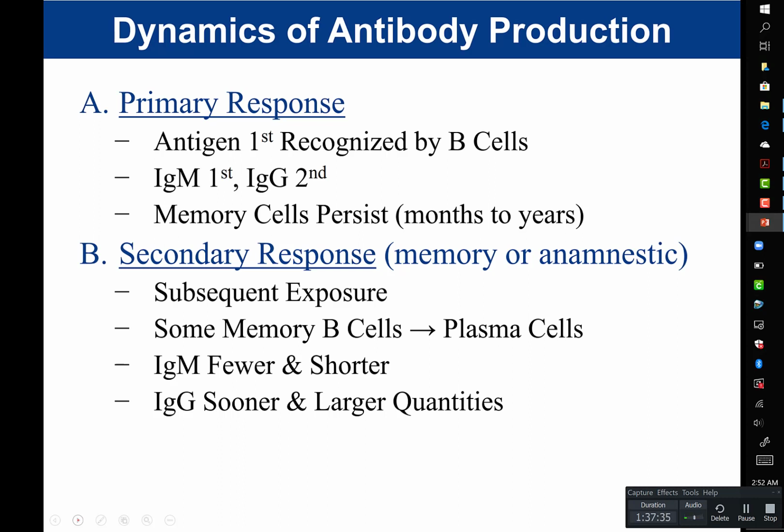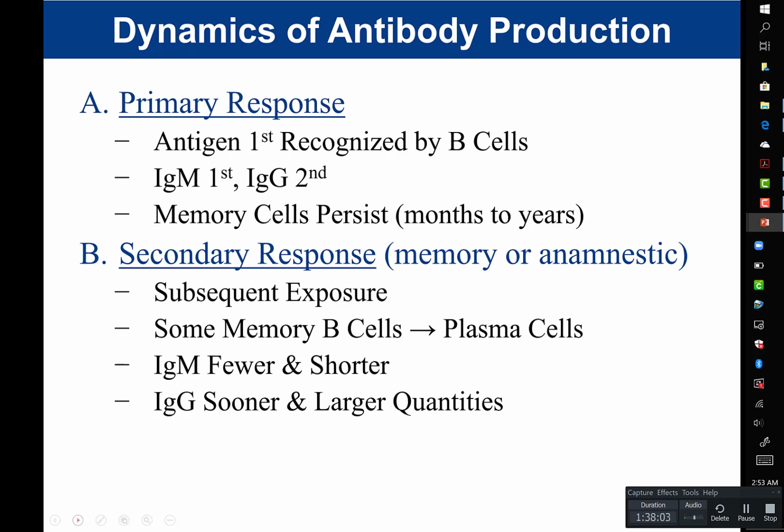Now, a secondary response is any subsequent exposure to that same antigen. If you come in contact with the antigen again, those memory B cells that are still there can produce plasma cells, and those plasma cells will make those antibodies very rapidly so that you don't see symptoms of the disease.